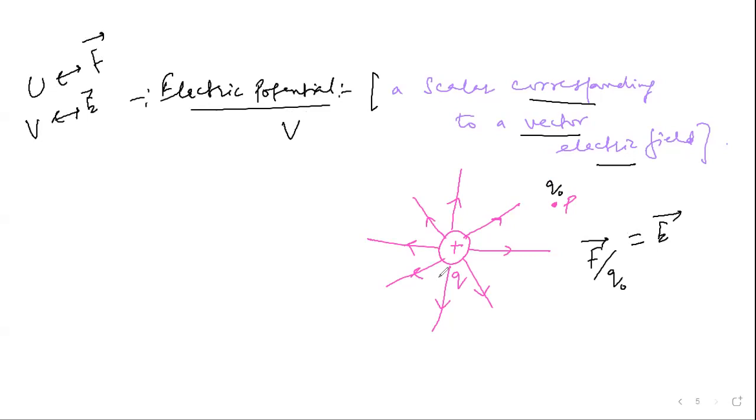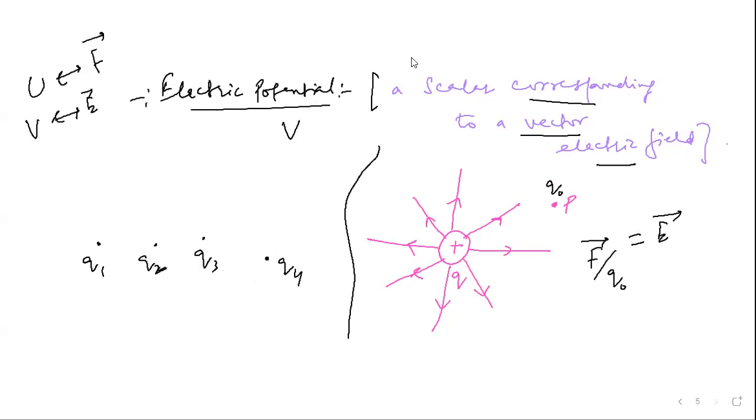Now, how we obtain it: it's not necessary we have a single charge, we can have many charges. So suppose I have many charges, Q1, Q2, Q3, Q4. I can have any number of charges.